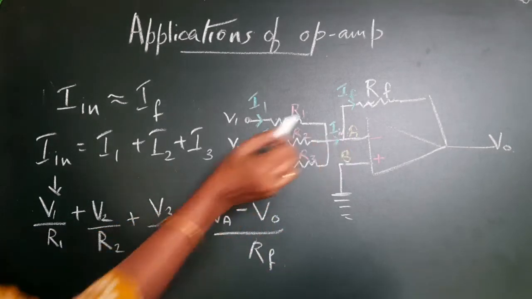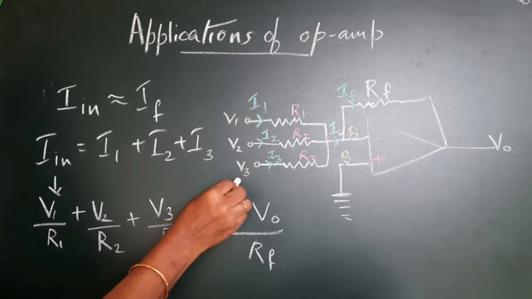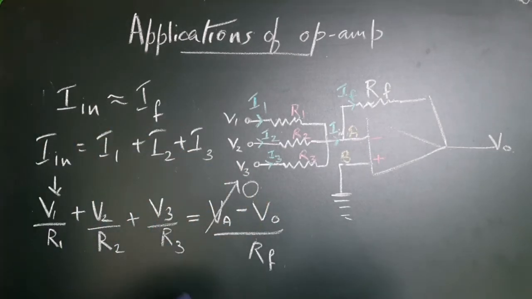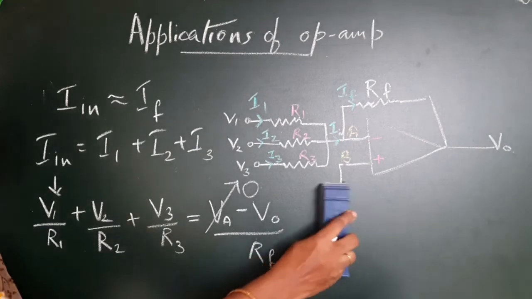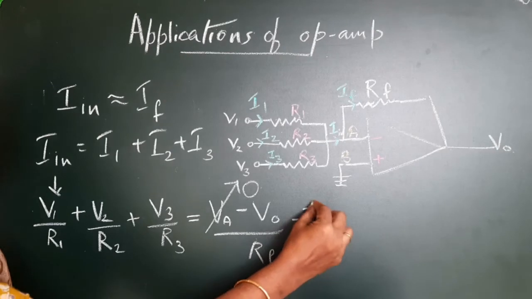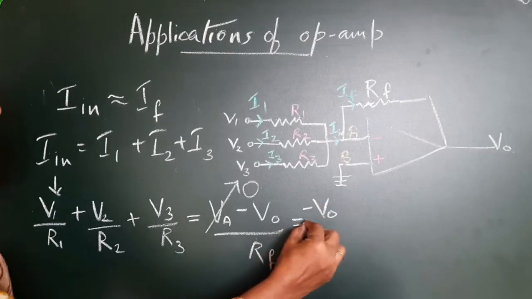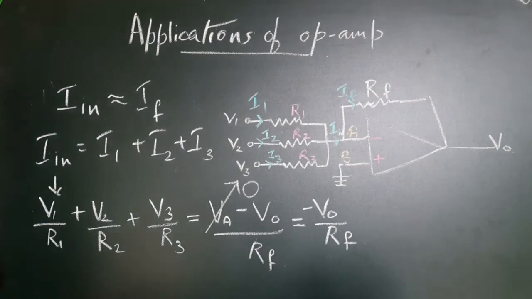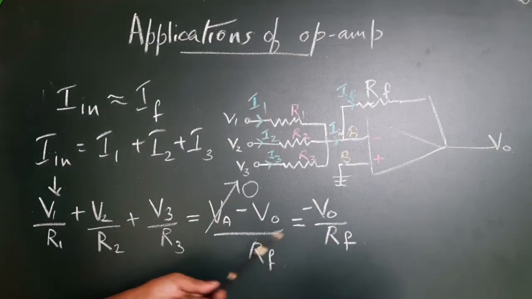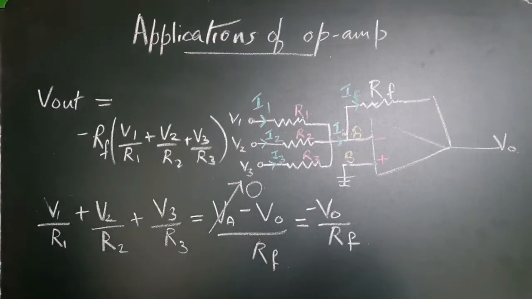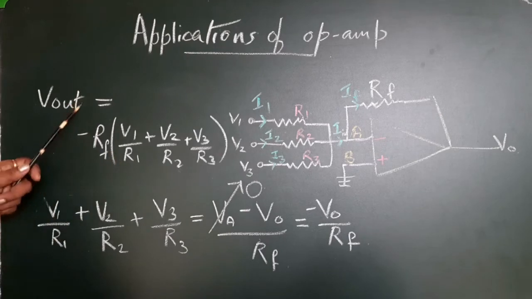But you know that VA is 0 because of the concept of virtual ground. So we will rewrite this as minus Vout by RF. So we will take this RF to this side and write this equation for Vout. So we will rewrite this out here.